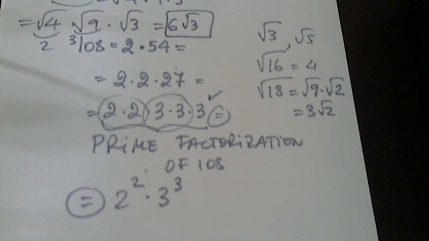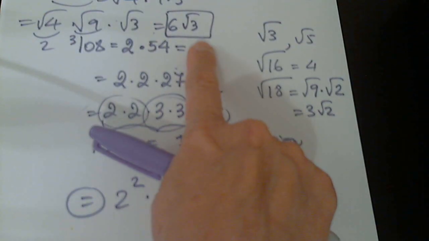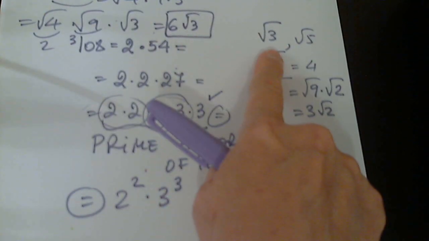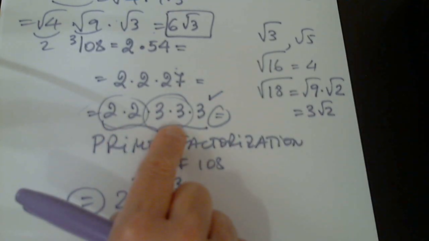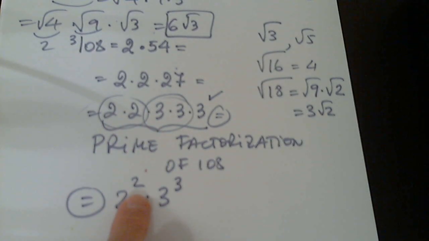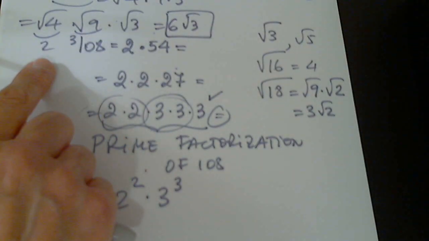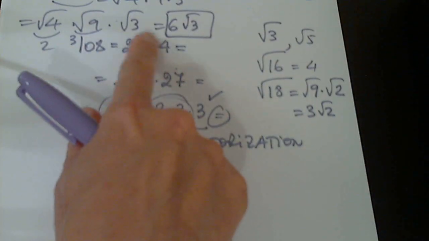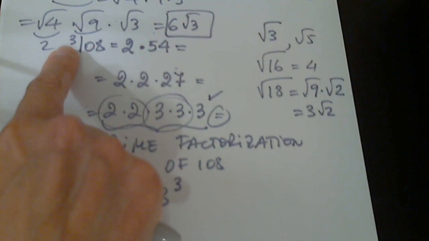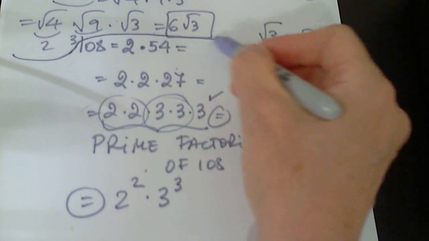Now I can tell that this number is fully simplified because the square root of 3 is fully simplified, and there are no more powers. 2 squared with the square root is 2. 3 squared with the square root is 3. So let me just write this so it's not confusing.